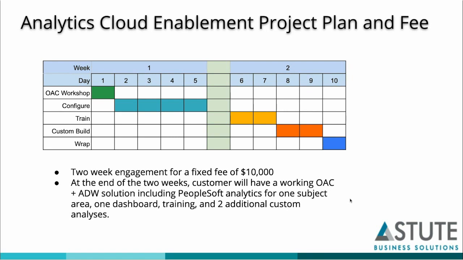And then beginning the second week, which is kind of where all the magic happens, we do the training. We help you do a little bit of custom build just to show you how you can extend the solution. And then we wrap on the 10th business day. So all of that for $10,000 plus your OAC subscription, which would probably be about $20,000 to $25,000. So all in $35,000, and you have a working solution in 2 weeks. It's a pretty awesome deal.